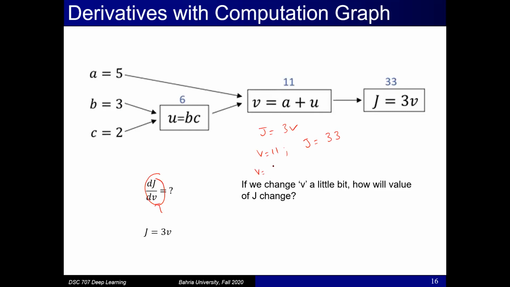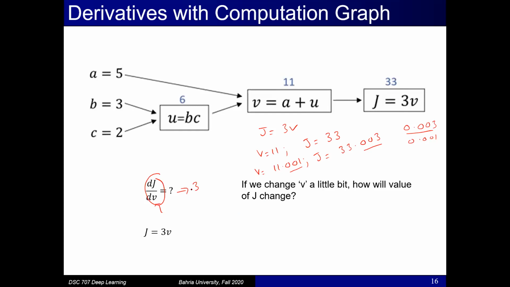So I will slightly increase the value of v. So I will say, okay, let's make v equal to 11.001. And how will j change? j will become 33.003. So now you see, when I increase v by 0.001, the increase in j is 0.003. So you can easily compute the derivative, which is 0.003 by 0.001, and you can say this number is actually 3.